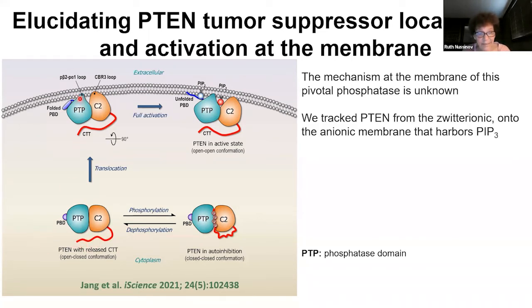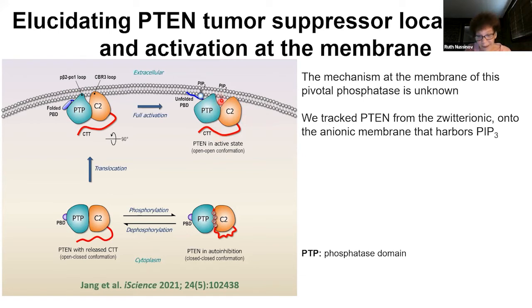Now it translocates to the membrane and it interacts with the membrane. And we track the PTEN from the zwitterionic membrane here onto the anionic membrane that harbors the PIP3.